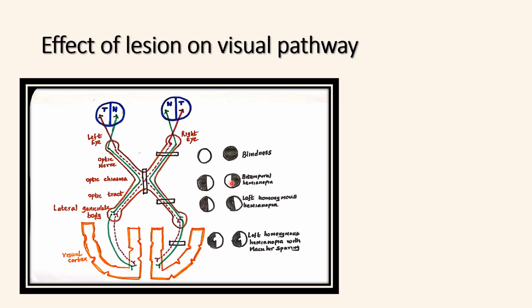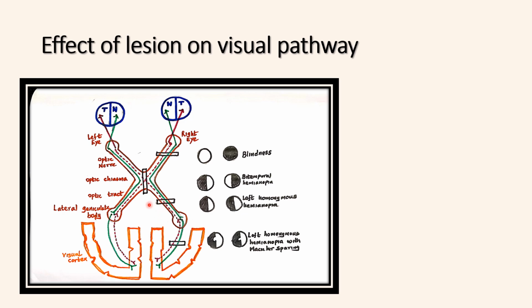So it produces a bitemporal heteronymous hemianopia. Hemianopia means loss of vision in one half of the visual field. Heteronymous means not the same side. So bitemporal heteronymous hemianopia.